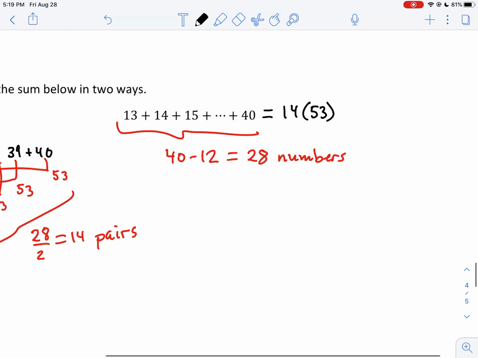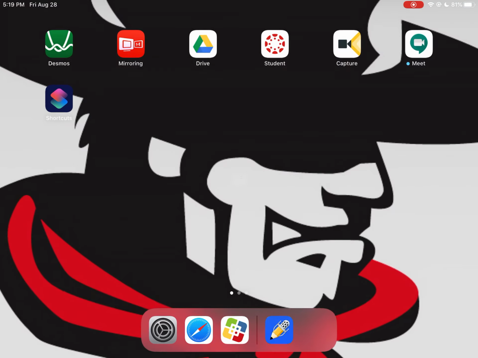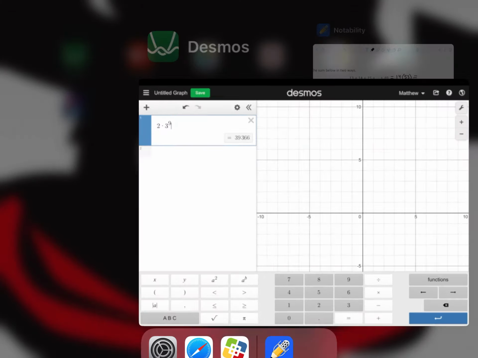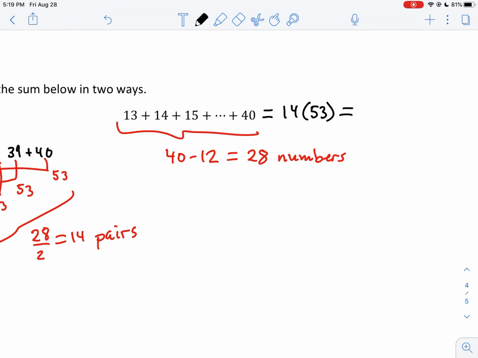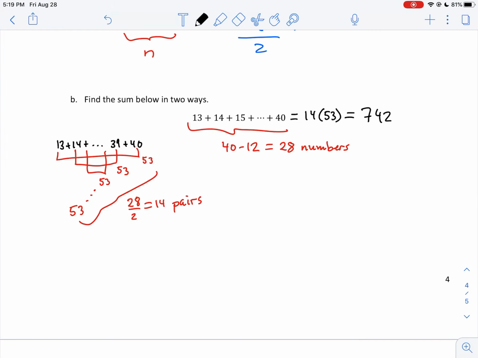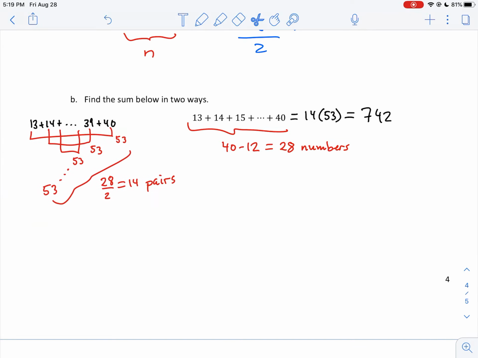So 14 times 53. Let's go ahead and go to my calculator and do this calculation. 14 times 53, we get 742. All right, so that's one way to do this.